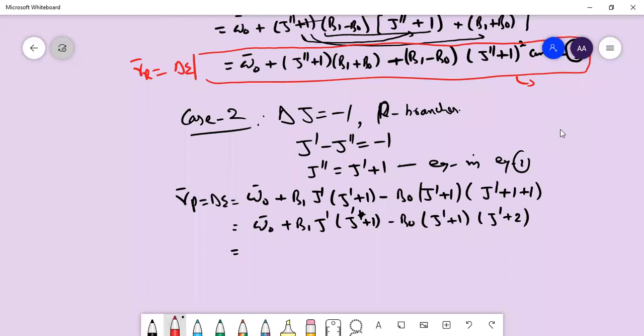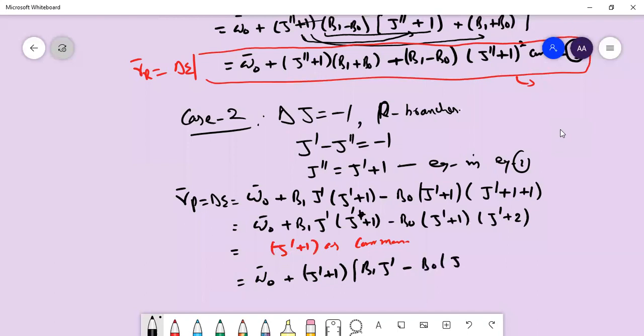Again, here I will take J dash plus 1 as common, which will result in omega naught bar plus J dash plus 1 times B dash J dash minus B naught J dash plus 2. So this is the equation.